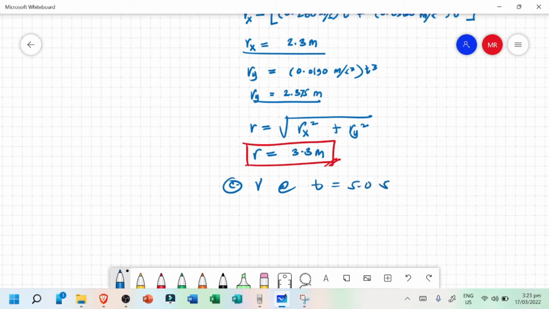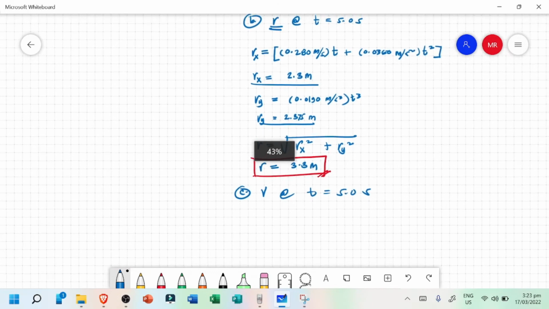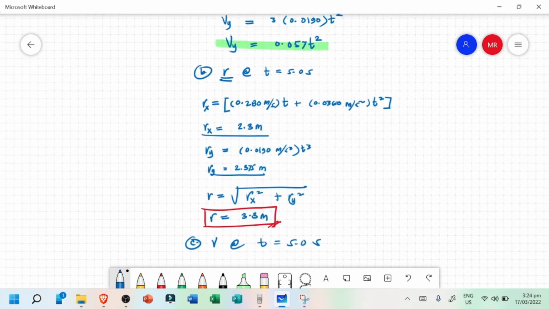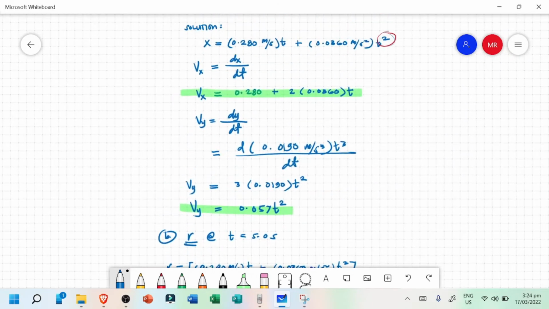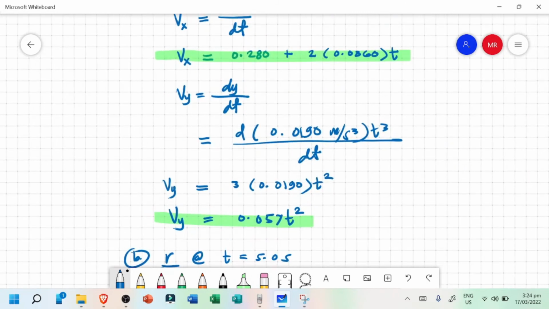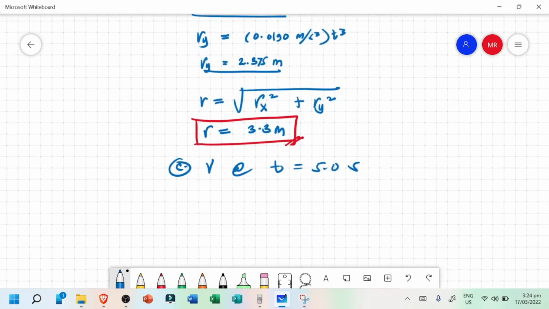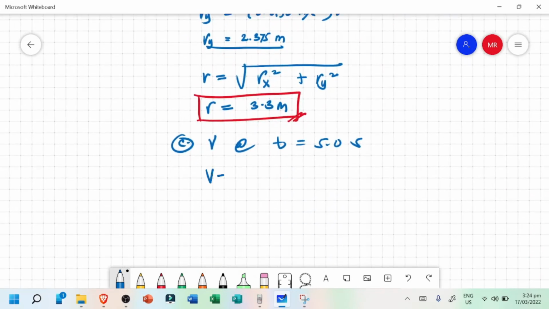So we already have the velocity function. These are the velocity functions. Then we'll just have to substitute 5 seconds to this equation. So V will be equal to the square root of Vx squared plus Vy squared. Let's get Vx first.